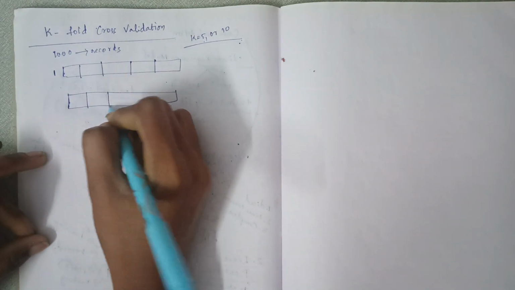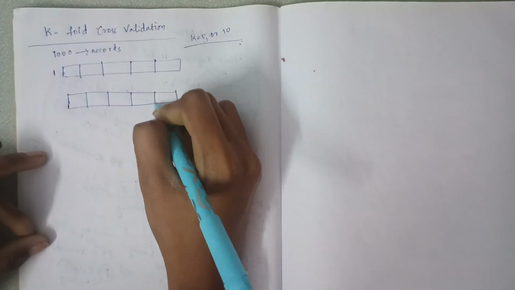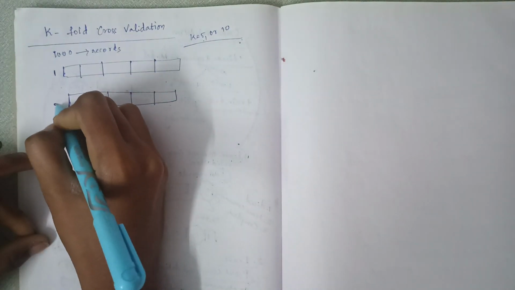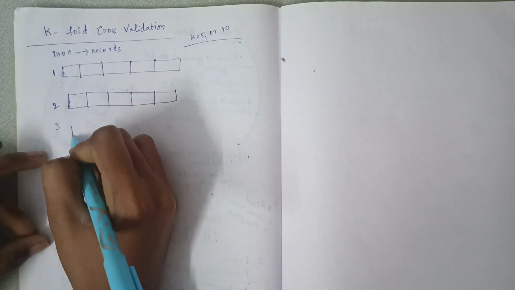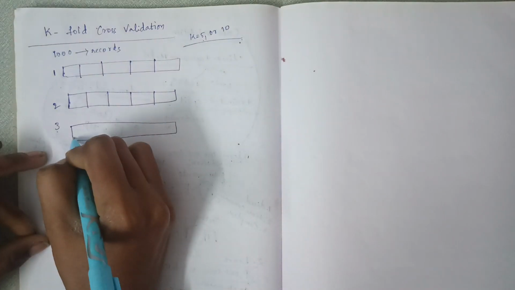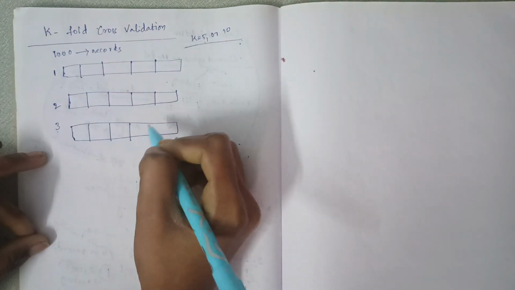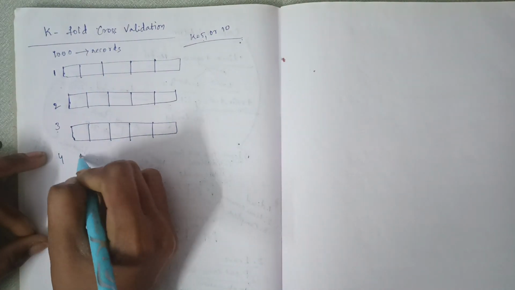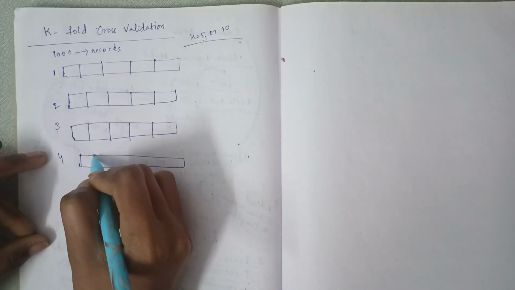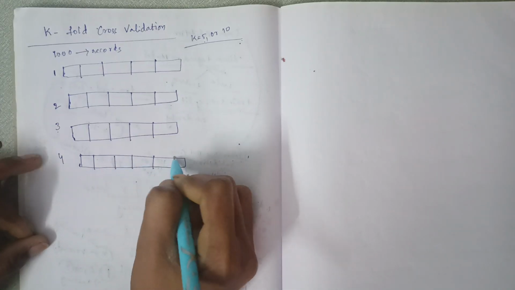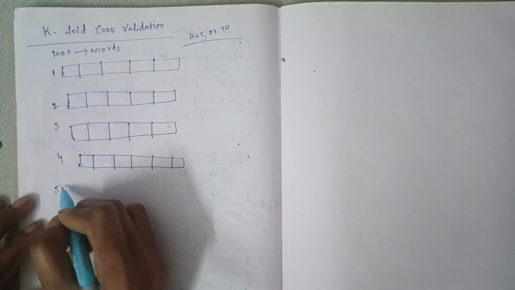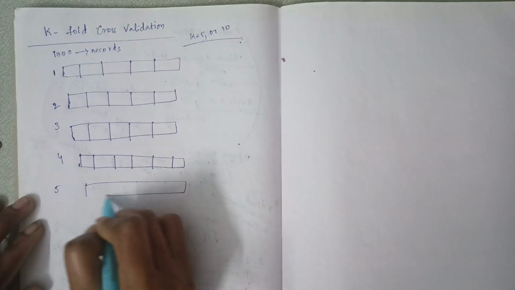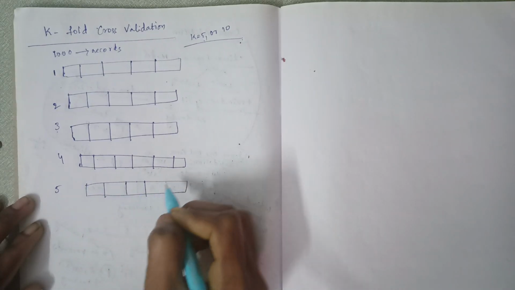1, 2, 3, 4. This is the second fold. And this is the third fold. 1, 2, 3, 4, 5. This is the fourth fold. 1, 2, 3, 4, 5. And this is the fifth fold. 1, 2, 3, 4, 5.